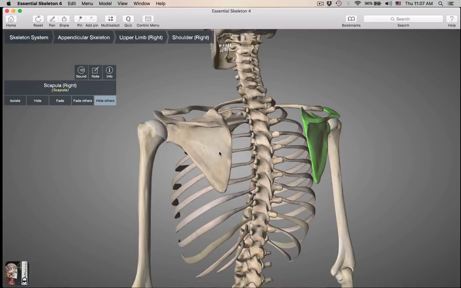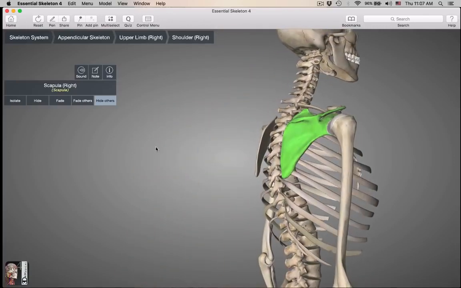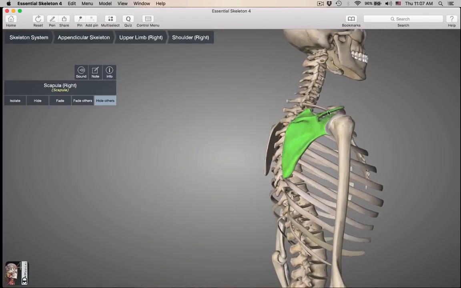Coracoid process. In my class, I told you every time you say coracoid, say coracoid. Why? Because you have several other coronoid processes and a coronoid fossa. They sound a lot like coracoid.